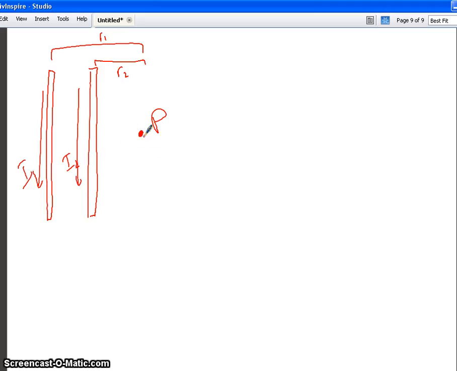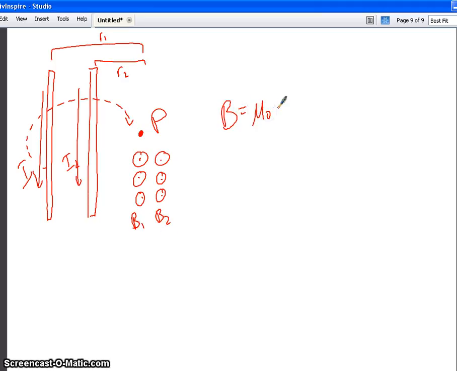Well, if I do right hand rule number 2, my fingers curl around this wire and they would be facing out of the board here at point P. And if I do it for I2, they would be facing out of the board at point P. This would be B1, this would be B2. So my B would be equal to the permittivity of free space times I1 over 2 pi r1 plus the permittivity of free space times I2 over 2 pi r2. And I would just plug in my r values and my I values. So they would add.